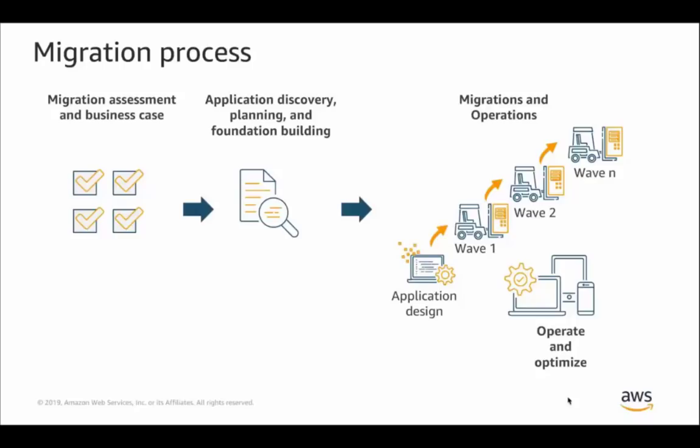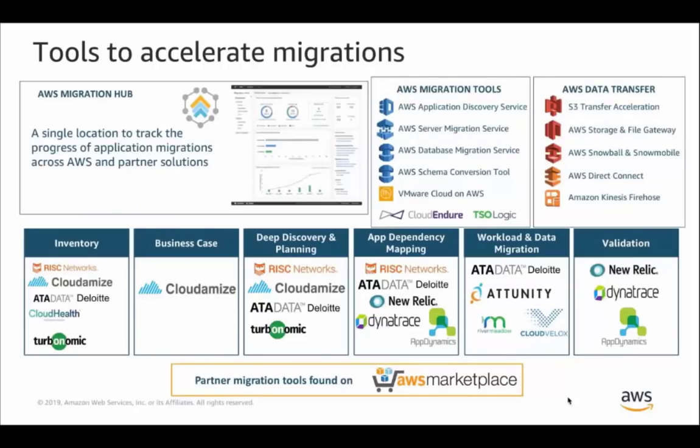Now, AWS has been able to work over the last 10 years. We've been able to bring to our customers a number of different tools, but not only do we have native tools, we work with our customers, our partners, not only our competency partners and our consulting partners, but our ISV partners.